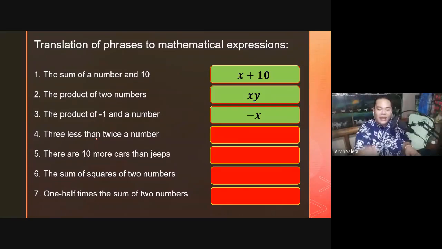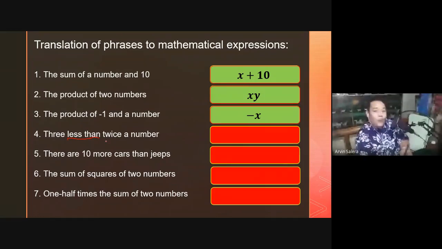Okay, 3 less than twice a number. Here the challenging part starts. When you see the terms greater than or less than, always remember this one: less than means minus.